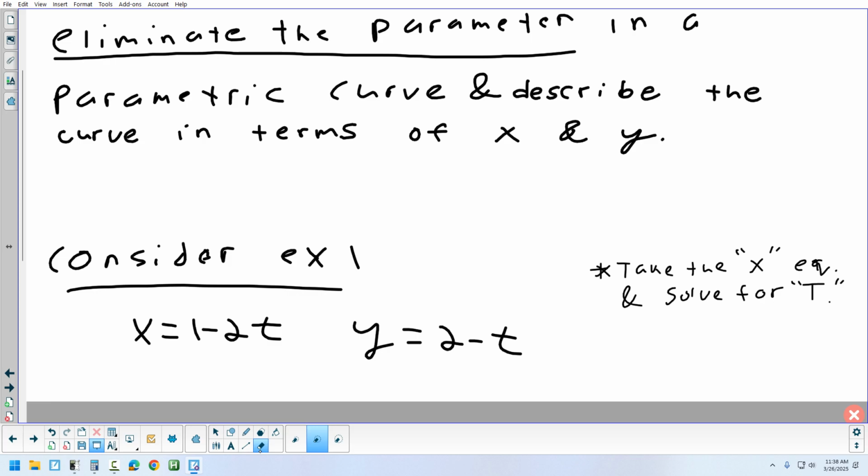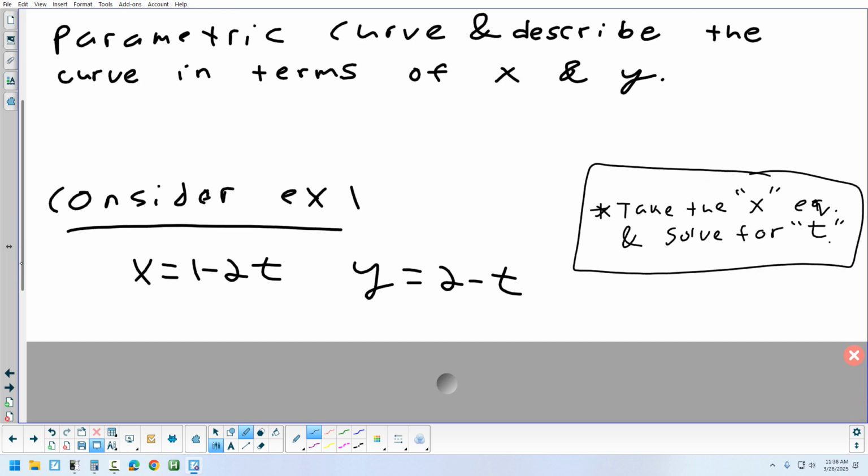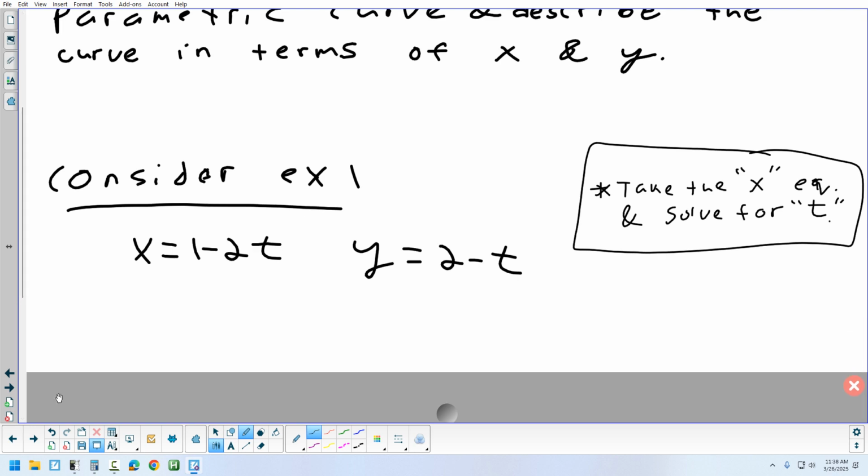I usually write it as lowercase. So take the x equation and solve it for t. All right, let's do that. What would be your first step to get t by itself in the x equation? Okay, subtract 1 from both sides.